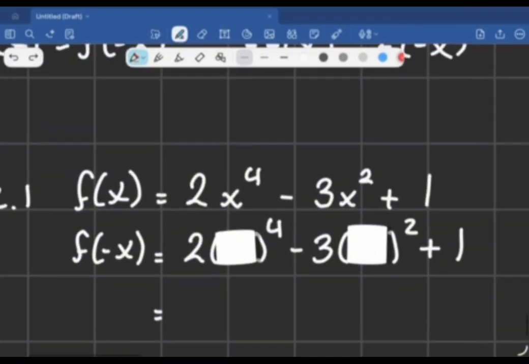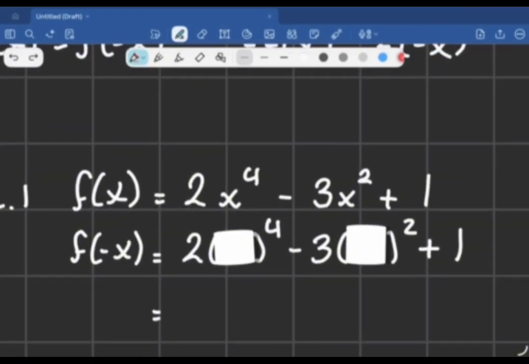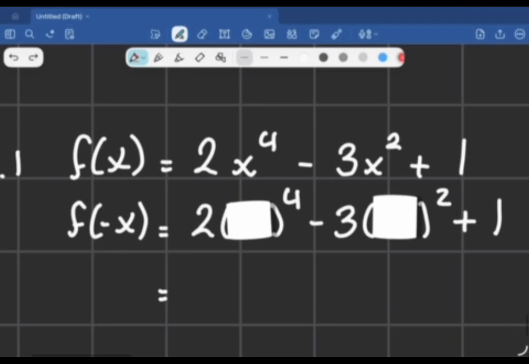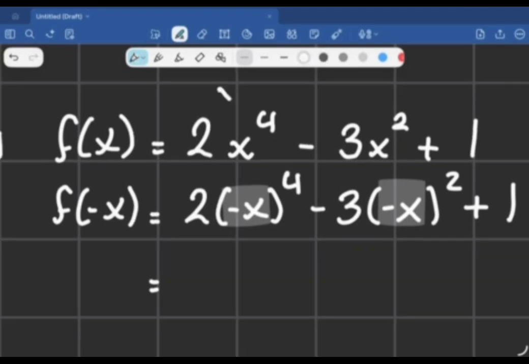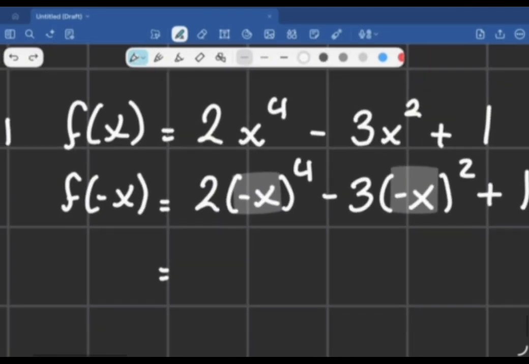So example 1, we've got 2x^4 - 3x^2 + 1. I normally like doing f(-x) first because both proofs need it. So you're going to plug in -x. Now you multiply the -x by the power of 4.